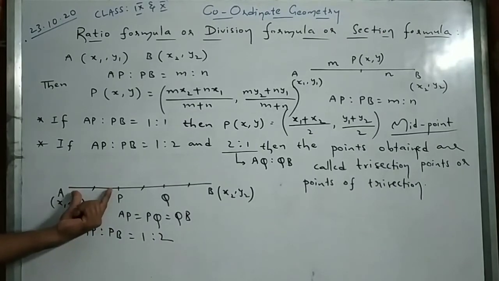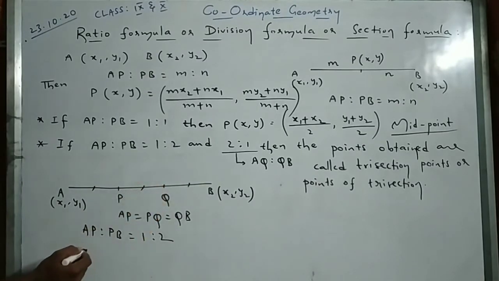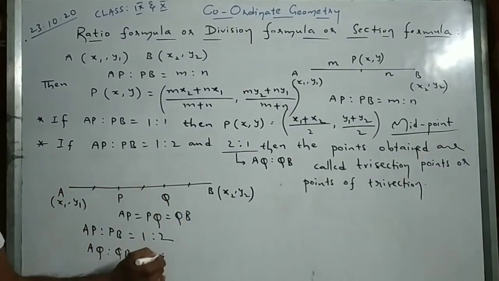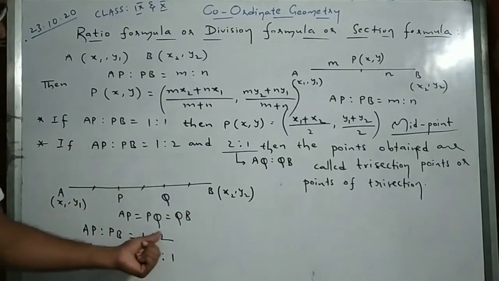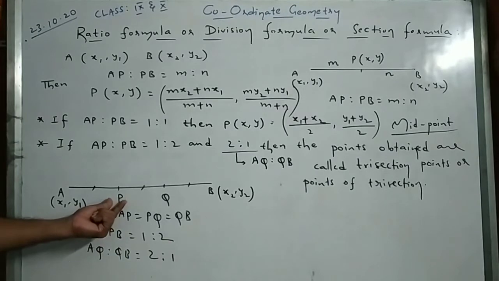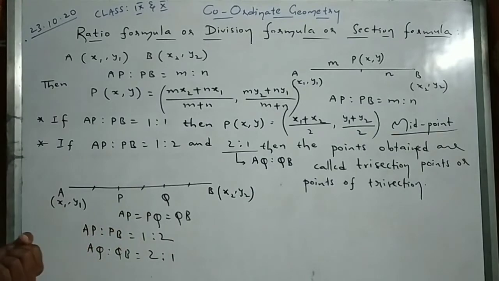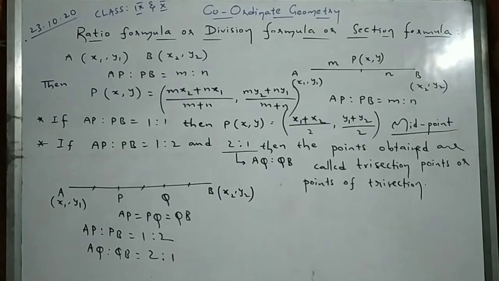Here 1 part is there, here 2 parts are there. So 1:2. Similarly, to get the point Q, how do you take? AQ is to QB equal to, AQ means from here to here 2 parts are there, QB 1 part is there. So we are getting 2 points here. When we take 1:2 ratio, we will get coordinates of P. If you take 2:1, we will get the coordinates of Q. P and Q are called points of trisection or trisection points.